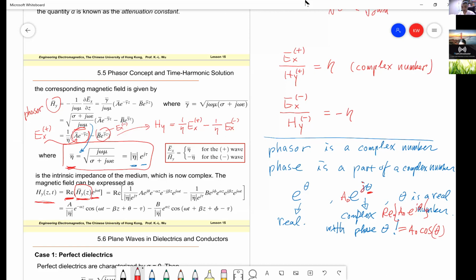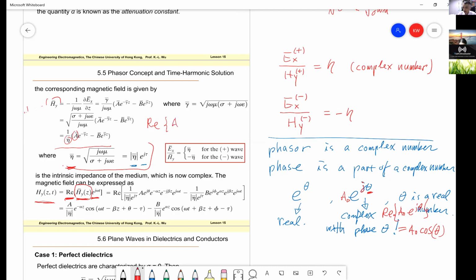Don't miss anything. We already found the phasor, but if you use this expression, it's very dangerous. Why is it very dangerous? Because this is a complex number, and this is a complex number.